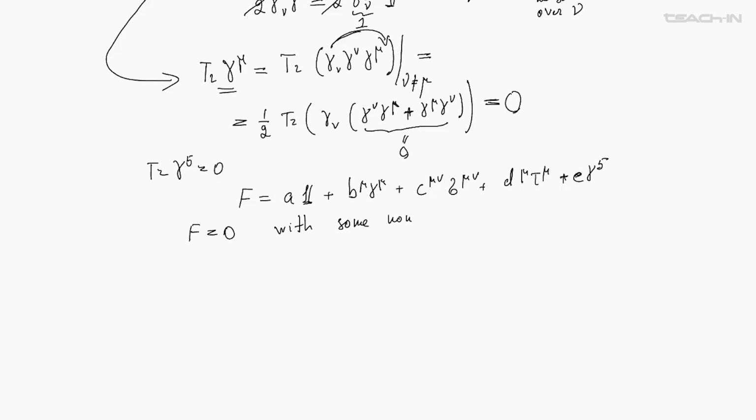In other words, there is a non-trivial linear combination which relates these 16 matrices. The goal is to show that this is not possible, that F equal to 0 implies that all the coefficients in this linear combination are actually 0.